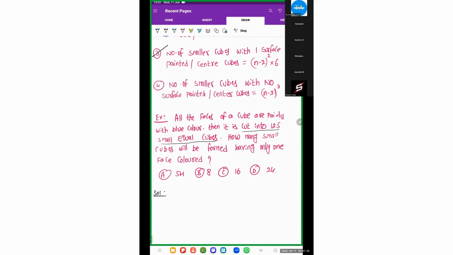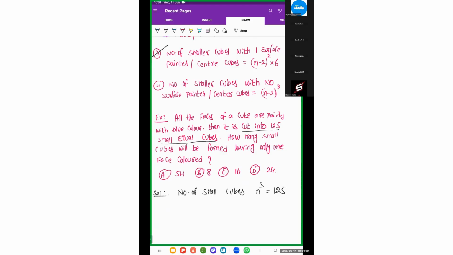125 small cubes. So the number of small cubes, n cube, is equal to 125. Why n cube? Because it's a three-dimensional diagram.